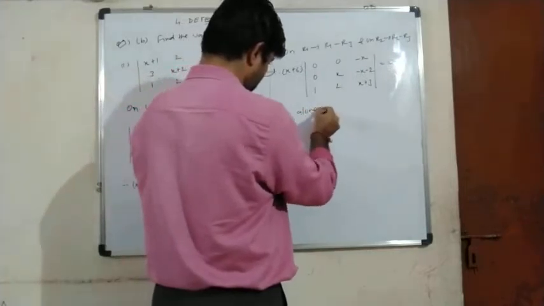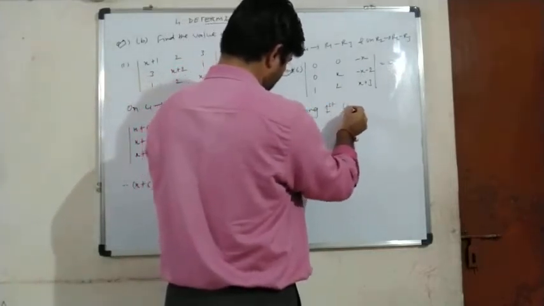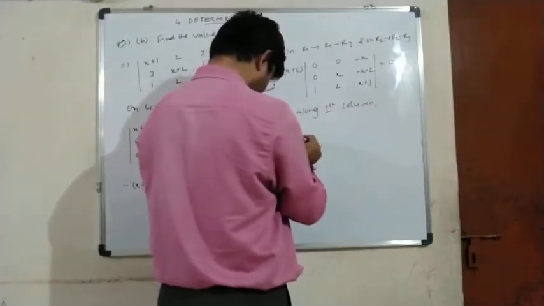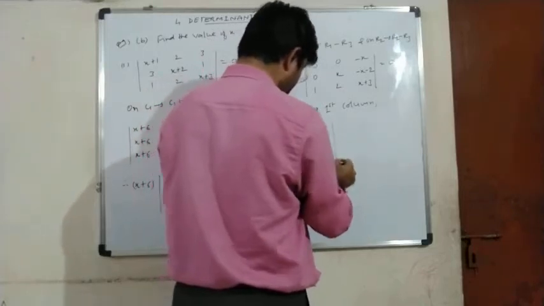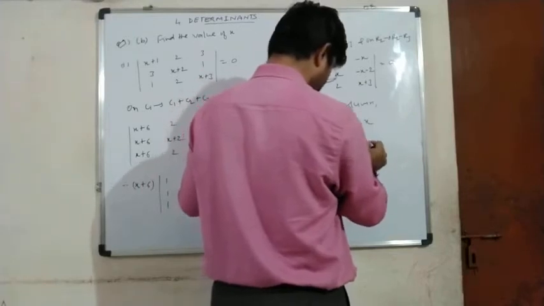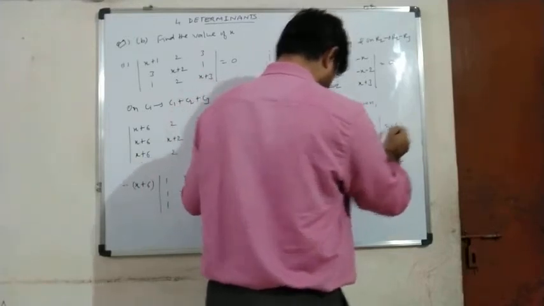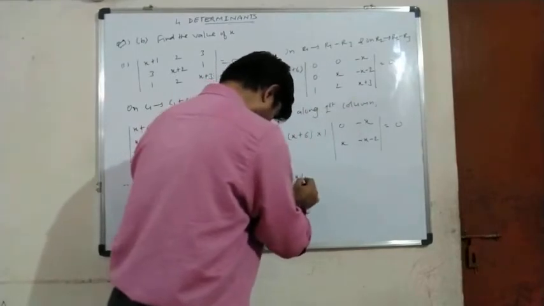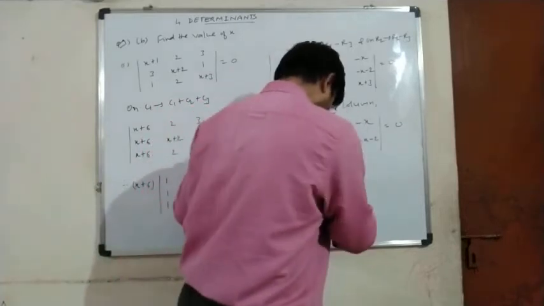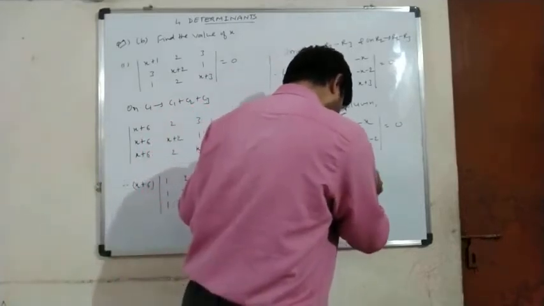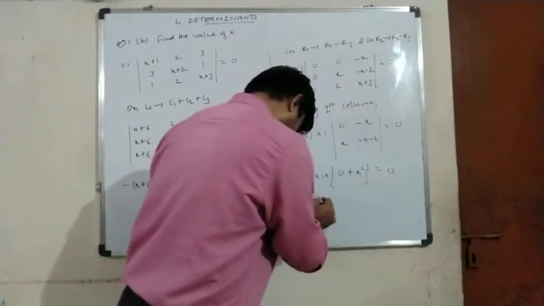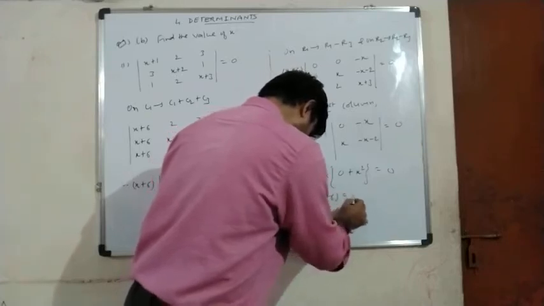Expanding along first column, we will write now x plus 6 into 1, determinant is 0 minus x minus x minus 2 equal to 0. Therefore, x plus 6 into 1 into 0 minus minus plus x square. So we will get x square into x plus 6 is equal to 0.